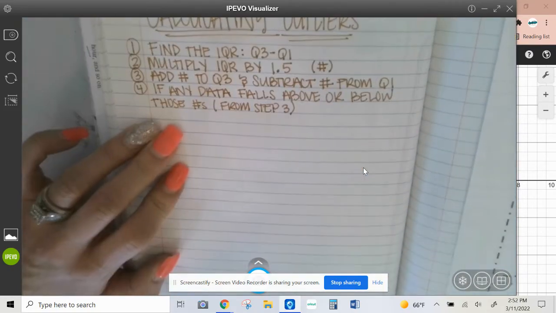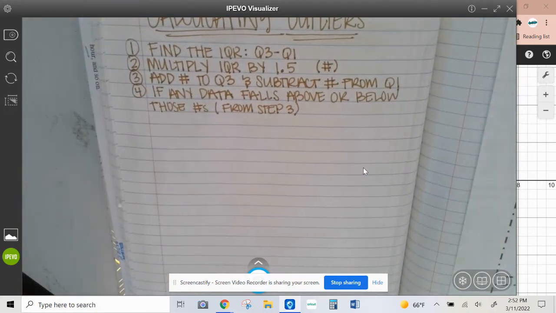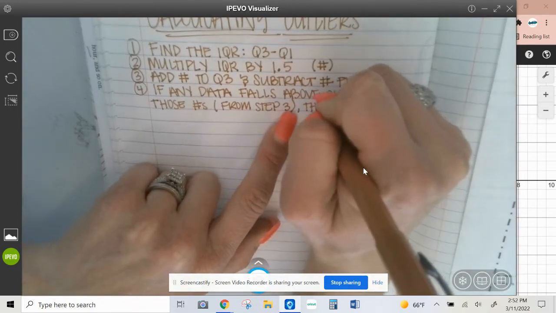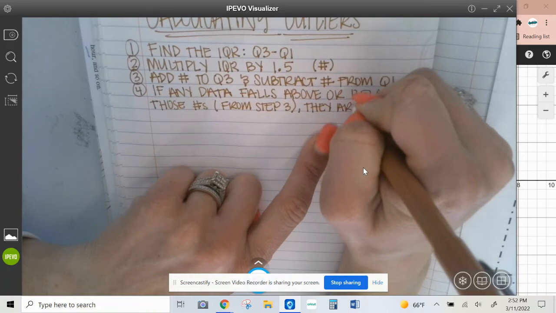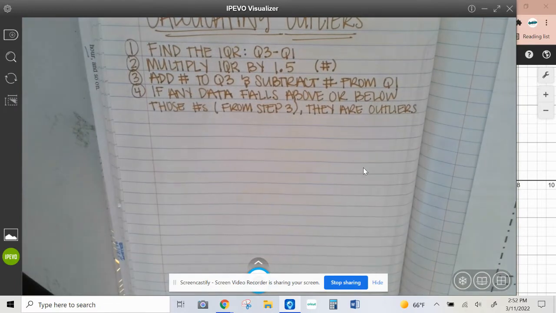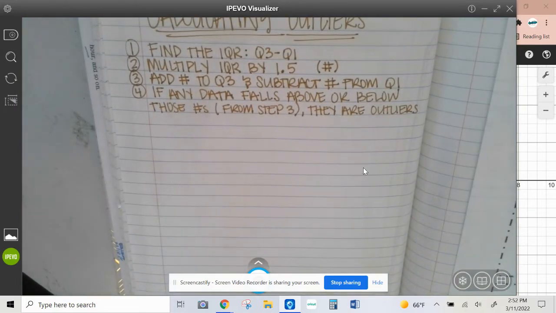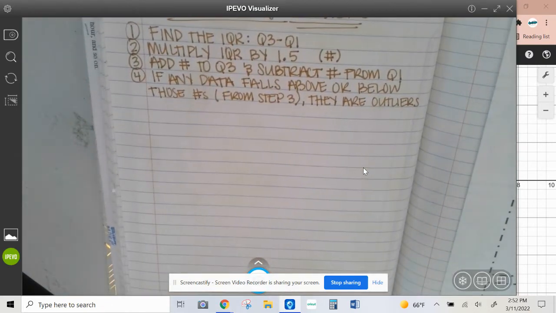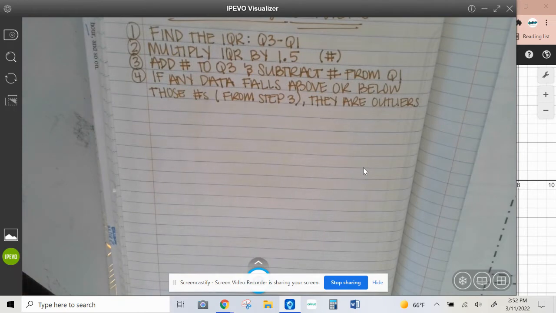So the numbers we got on step 3, if any of our data falls above or below those numbers, they're outliers. Okay? So I'll give you a second because I know I'm talking right fast. You have to know this. This is important, okay? Especially when you start talking about appropriate statistics.